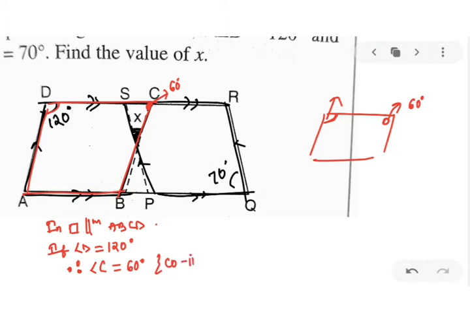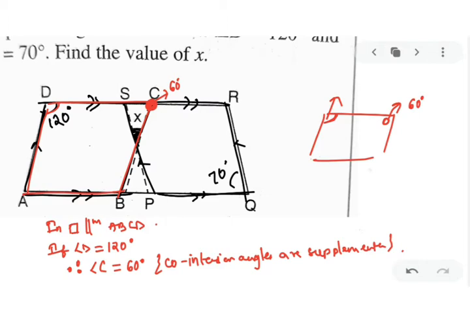Co-interior angles are supplementary. Once you got this, so here this part, this angle C is 60.